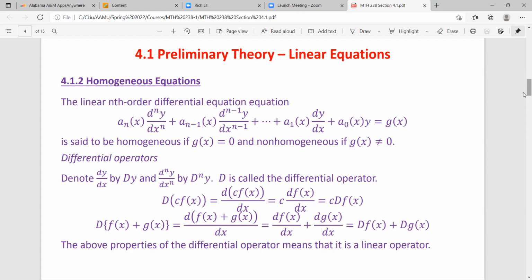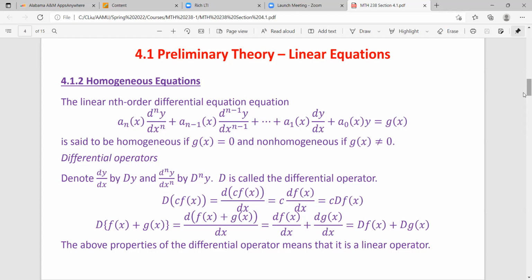So the equation just becomes a_n times d^n y over dx^n plus a_(n-1) times d^(n-1) y over dx^(n-1), until a1 times dy over dx plus a0 y.